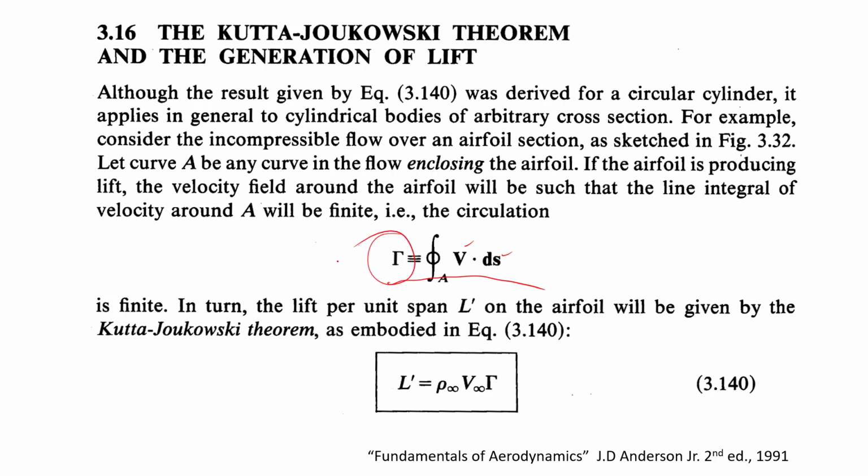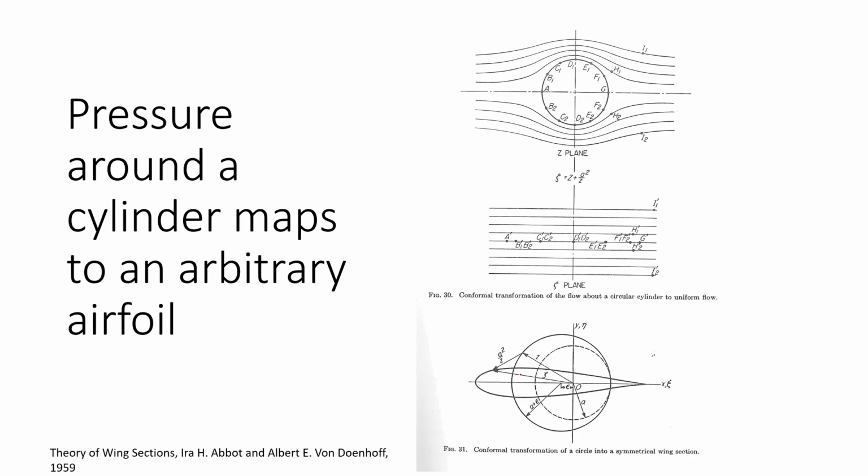And then the Kutta-Joukowski theorem says that the lift for any unit span is the density of the air at some distance away from the airfoil times the velocity of the air some distance away from the airfoil, essentially the average translation velocity, times gamma, which is the strength of the circulation.